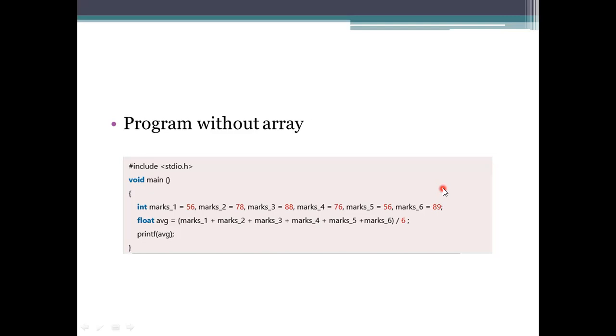If you want to calculate this for the remaining students, you need to create another variable for that. So you may specify DS1 for student number 1, DS2 for the second student, roll number 2, DS3, DS4, DS5, DS6, like that.